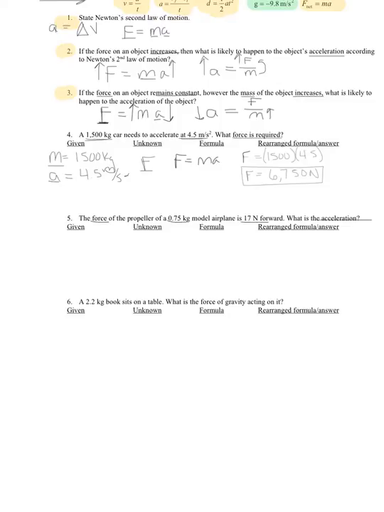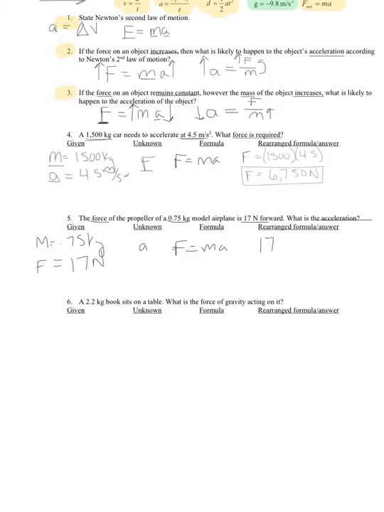What's the acceleration? All right, I'm given a mass, 0.75 kilograms. I'm given a force, which is 17 newtons. I'm looking for acceleration. Again, I'm going to use F equals ma.